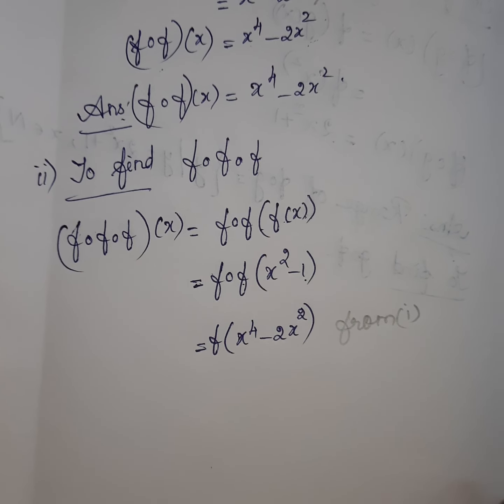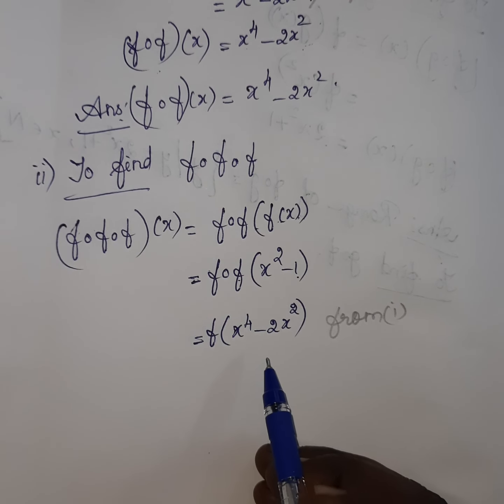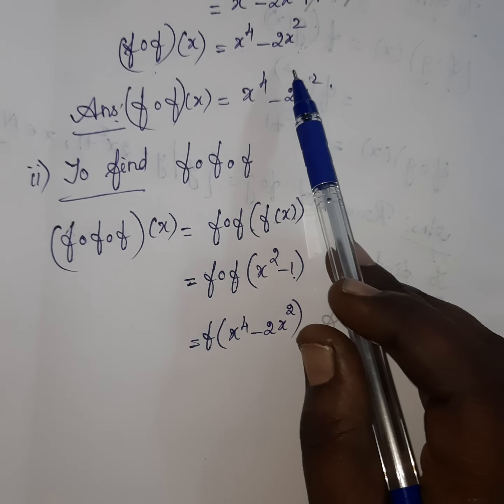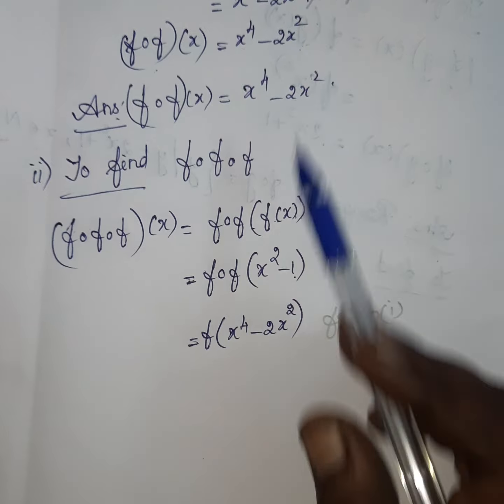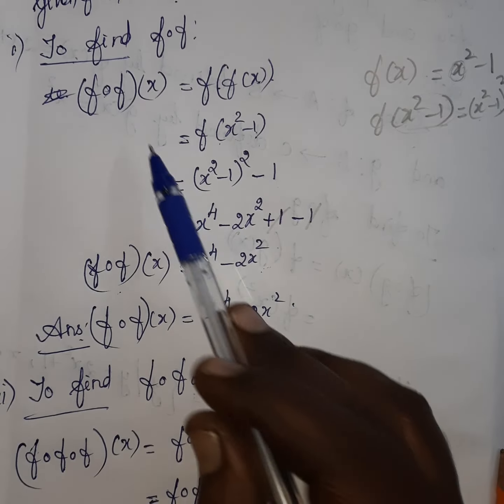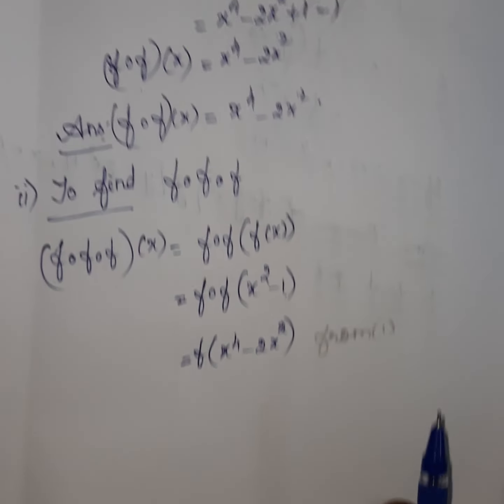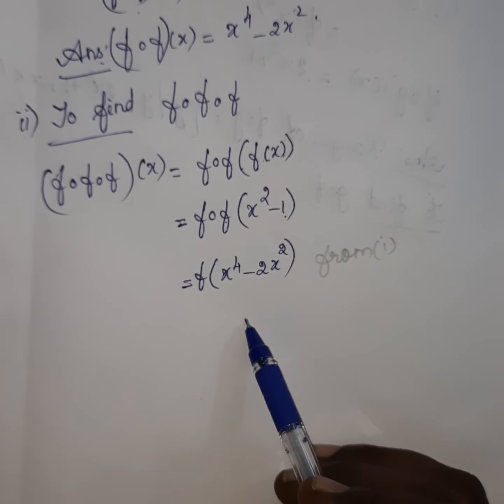Are you clear? Now next we can do, from 1 we got this. If the first question did not ask, you have to do the same step here. Since in the first question we completed and found the value of f of x square minus 1, we wrote it directly instead of this f of x square minus 1.